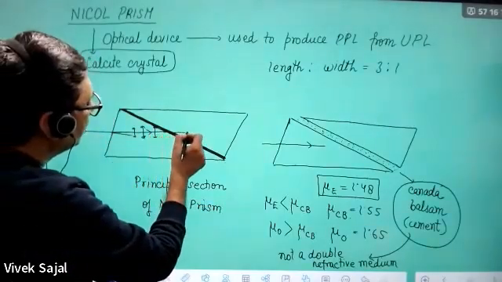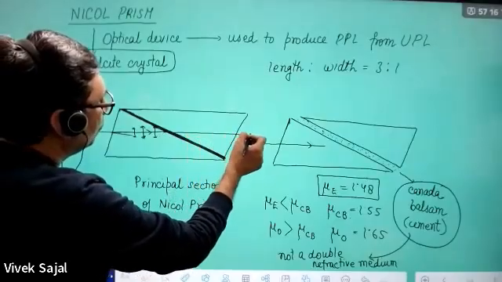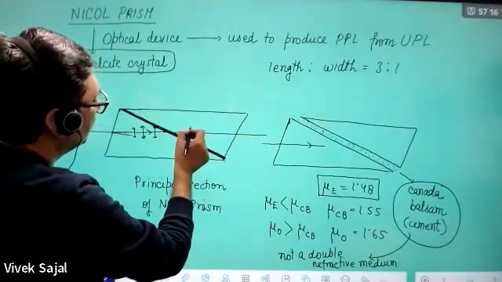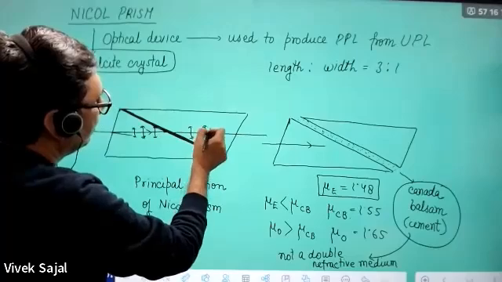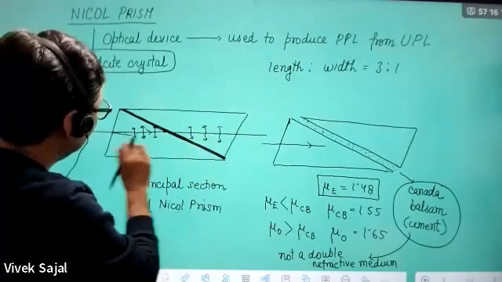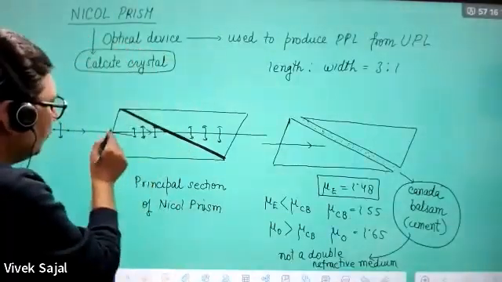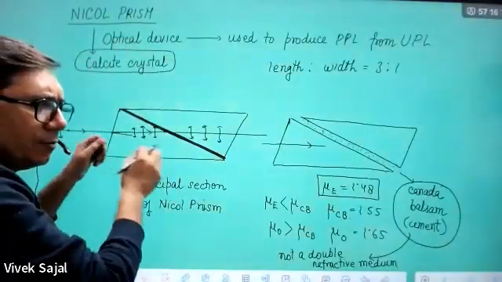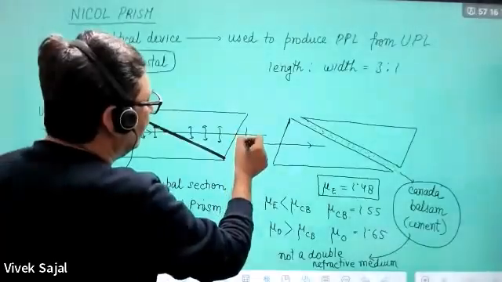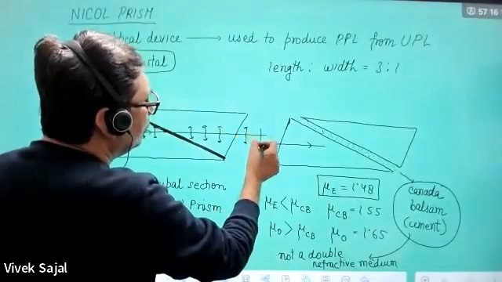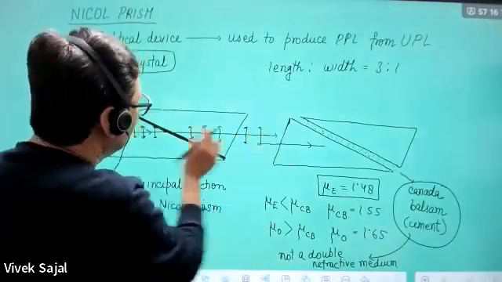One part will travel as the O ray and it will pass through this Nicol prism. It will come out like this. There will be some angle of refraction also here, but I'm not interested at this time in what the angle of refraction will be. And from here, what you get is the E ray.